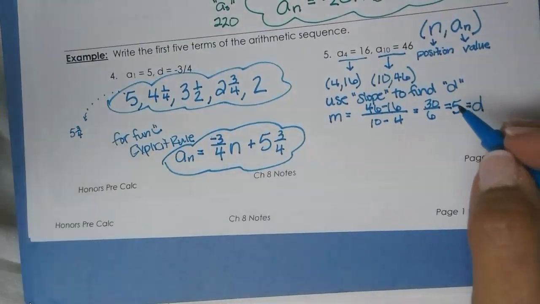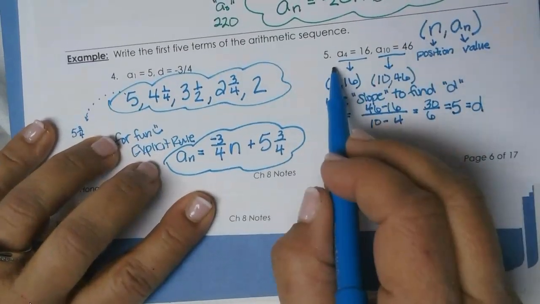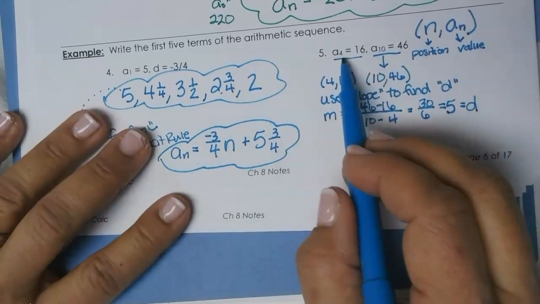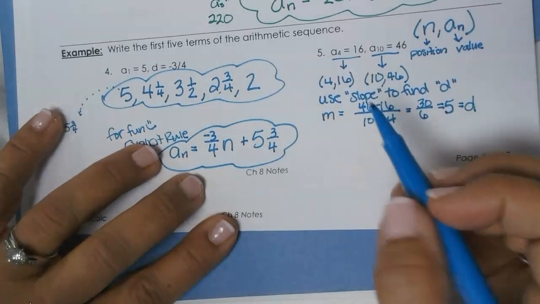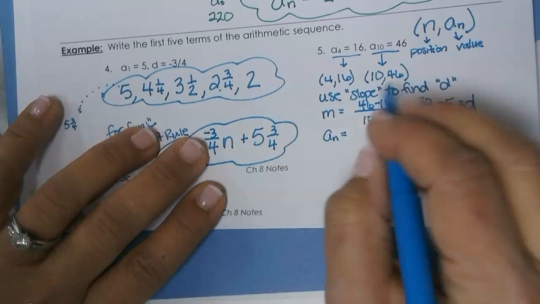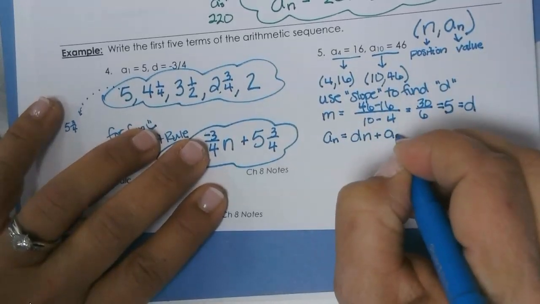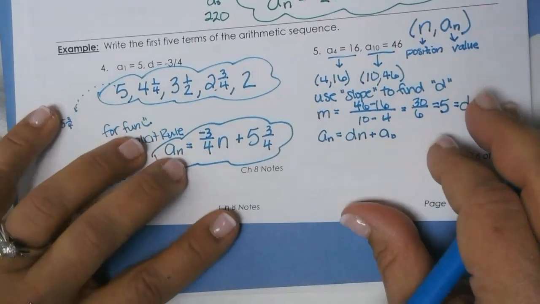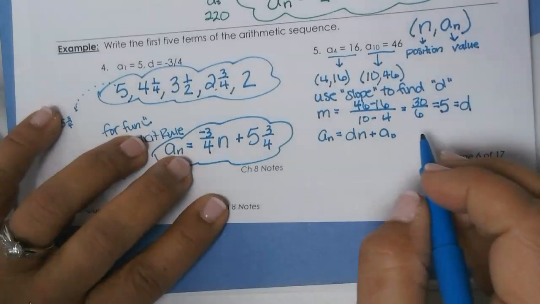Then, you guys, it's true that you could work backwards from this a sub 4 to get that. But let's say this was a sub 40. You wouldn't want to do that. So let's talk about what we could do. If we have a sub n equals d times n plus a sub 0 as our rule for these explicit arithmetic sequences, we can put those different pieces in.